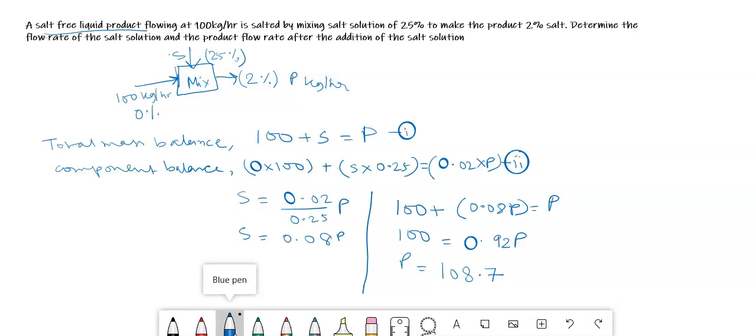Okay. So the product is 108.7 kg per hour.